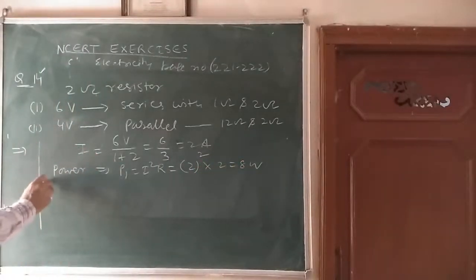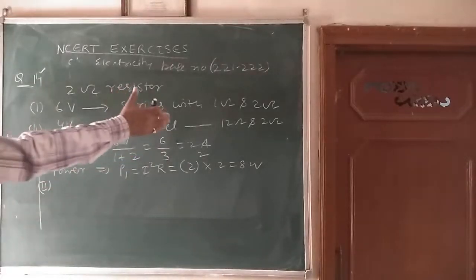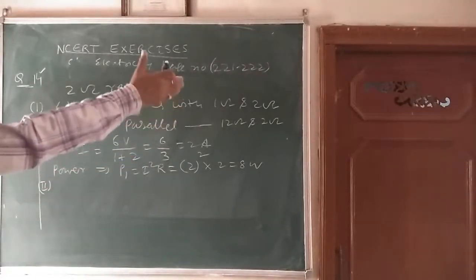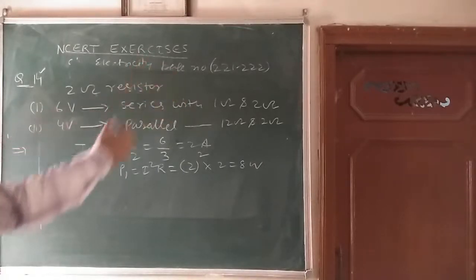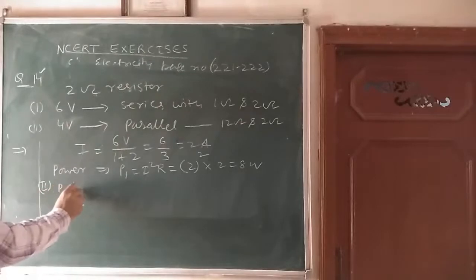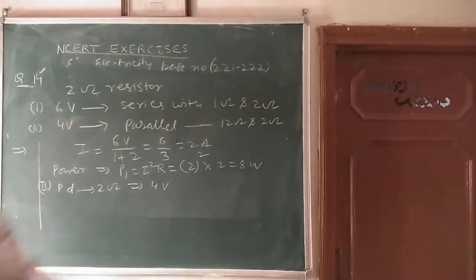Now in second case, 4 volt battery is in parallel with 12 ohm and 2 ohm resistors, so potential difference across the 2 ohm resistor is 4 volt.